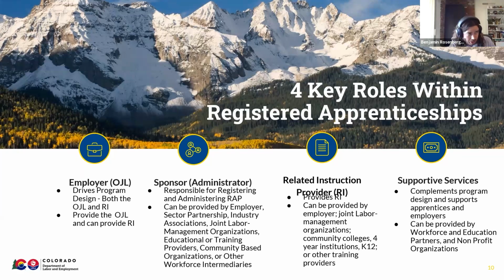There is a sponsor who is responsible for registering and administering an apprenticeship program. That can be an employer, it can be a union, it can be a training provider, it can be a whole bunch of different entities. In fact, there are entities called intermediaries whose whole job is to simply be a sponsor. I'll go into that a little bit later, but the sponsor is responsible for what I like to call a lot of the HR functions of an apprenticeship program. They make sure that the program is registered.